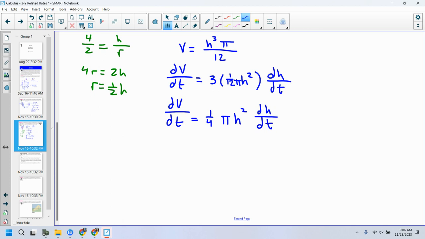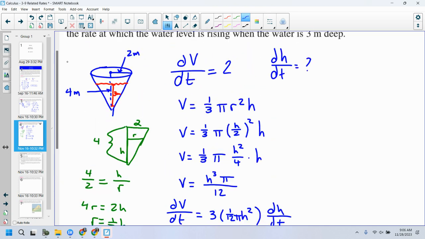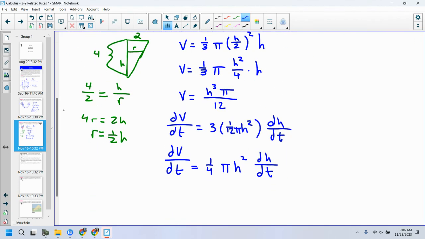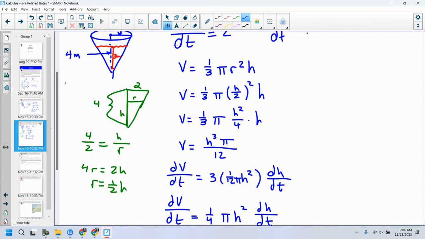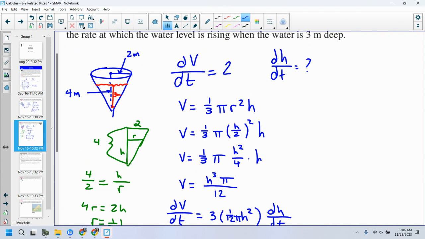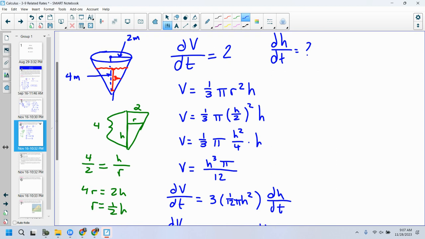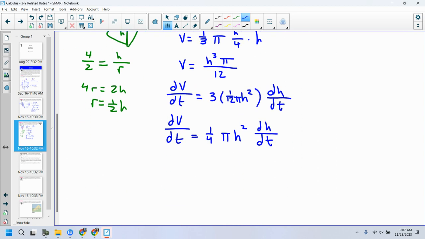Okay, I think I know everything now. dv dt is 2. Pi is pi. H, I want to know when the instantaneous height is 3. And dh dt is what we're looking for. So this was a 2, 1/4 pi times 3 squared dh dt.